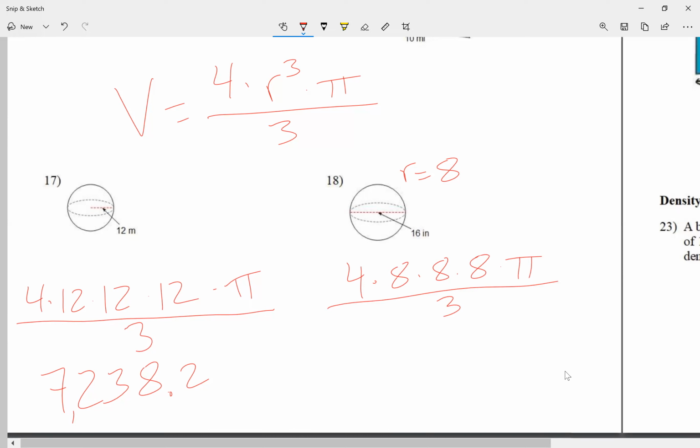According to my calculator, rounding to 1 decimal place, I get 2,144.7. If I had to do it to 2 decimal places, I would have said 2,144.66. Make sure you look at your instructions. For the notes, I'm doing 1 decimal place. For your homework, pay attention to your instructions.